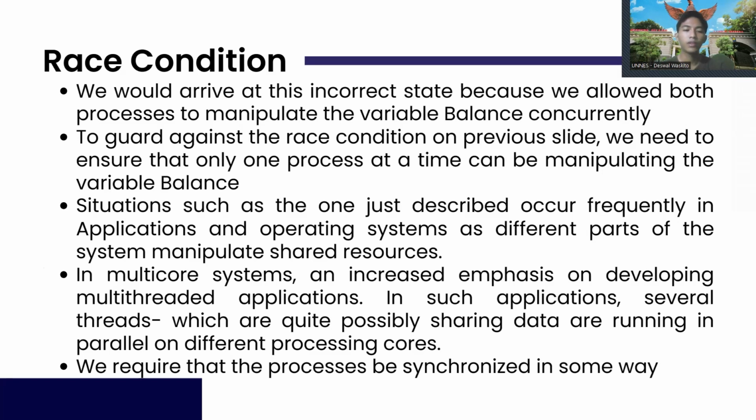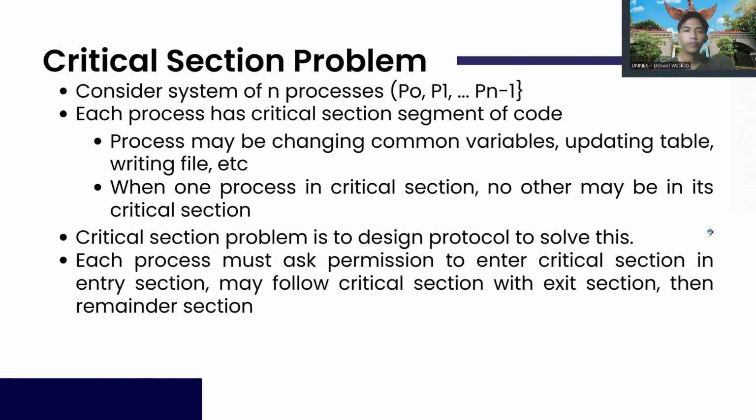In multi-core systems, there is an increased emphasis on developing multi-thread applications. In such applications, several threads which are quite possibly sharing data are running in parallel on different processing cores. We require that the process be synchronized in some way.